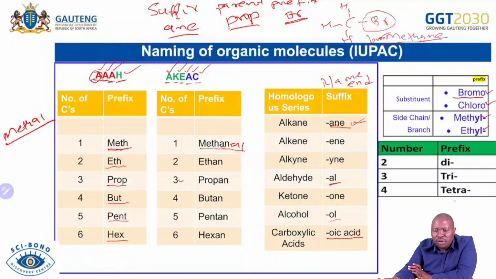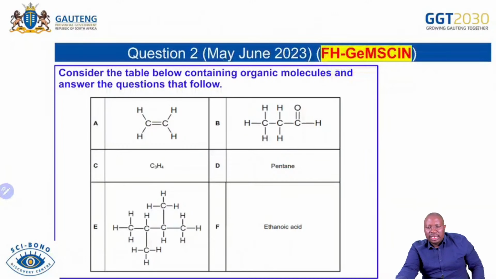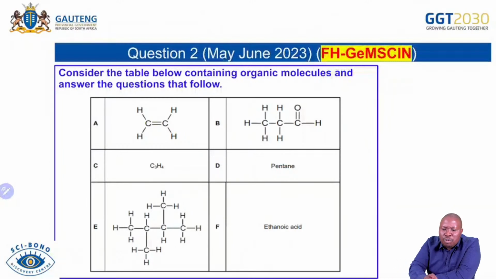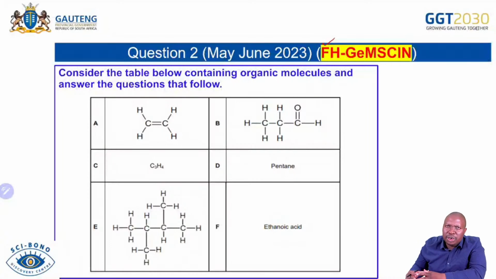We're going to do naming of organic molecules, looking at question 2, which is one of the questions that you are writing, but sometimes you have a challenge about that. Now, when you get a table like that, the emphasis is to look first at the functional group. I've done this to remind you, which is your FHMC, where the F is the functional group, because for you to know the homologous series which the organic molecule belongs to, you must first know its functional group.